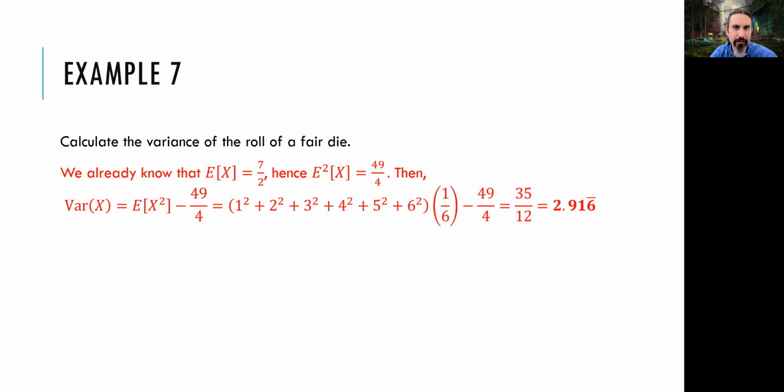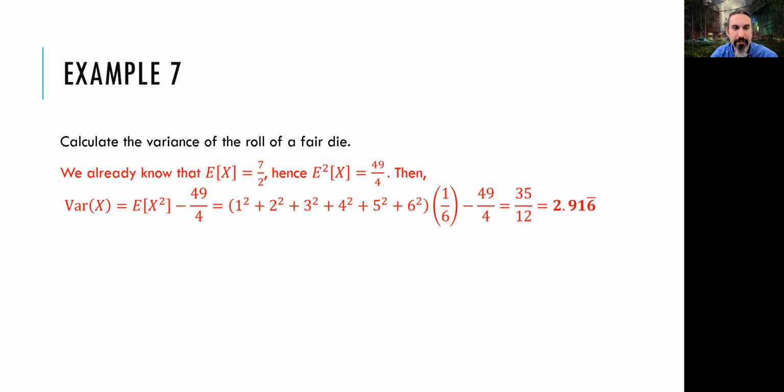It's not that hard in this case because we know the x values are 1, 2, 3, 4, 5, 6. So we just take the squares of them, 1, 4, 9, etc., and multiply that with 1/6, and now we get 2.91. This is the variance. If we were looking for the standard deviation, we would just take the square root of this value.